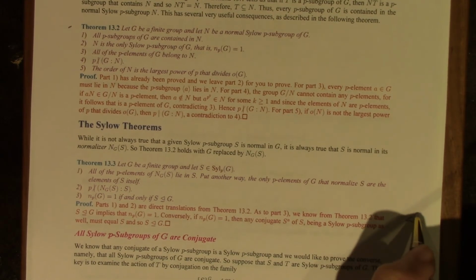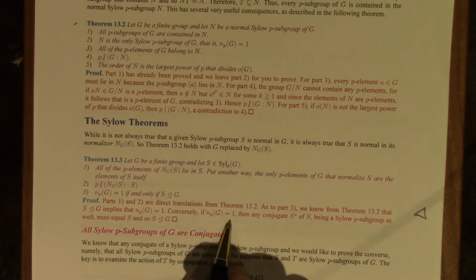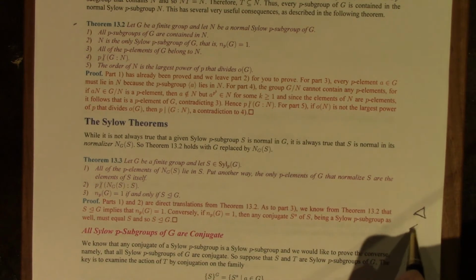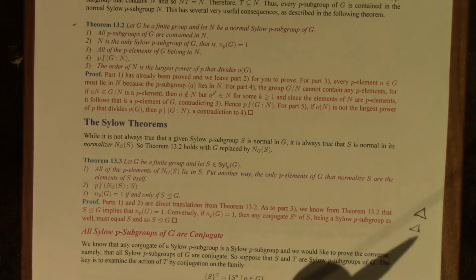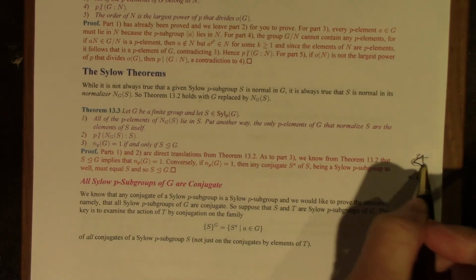Conversely, if N_p of G is 1, then any conjugate of S, being also a Sylow p-subgroup, has to be S, because there are no other conjugates, and so S is normal in G. I'm going to replace these symbols by the proper normal symbol because they're Sylow p-subgroups. On the other hand, this will hold also if G is a p-group, so I changed my mind. We'll leave it alone.